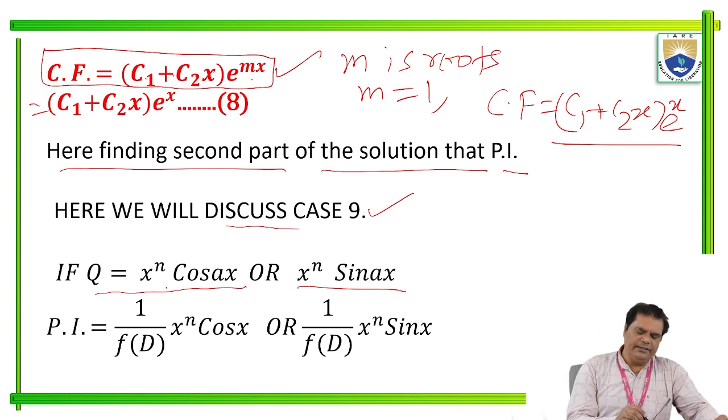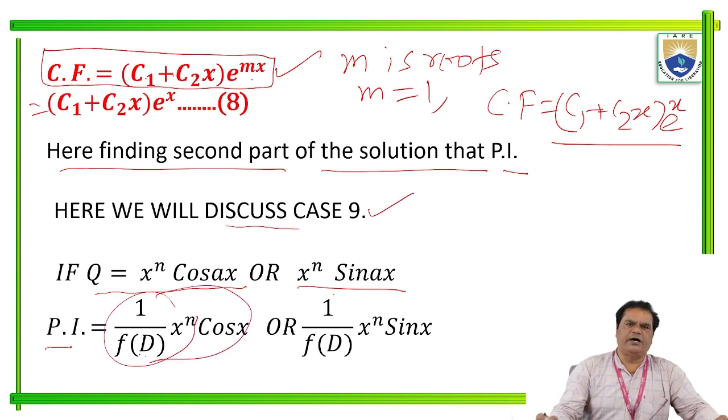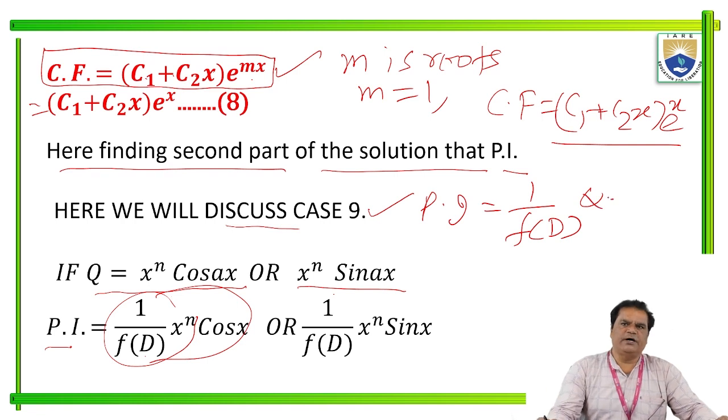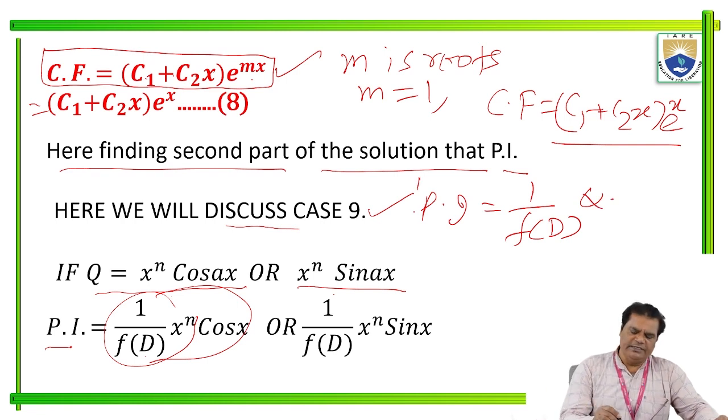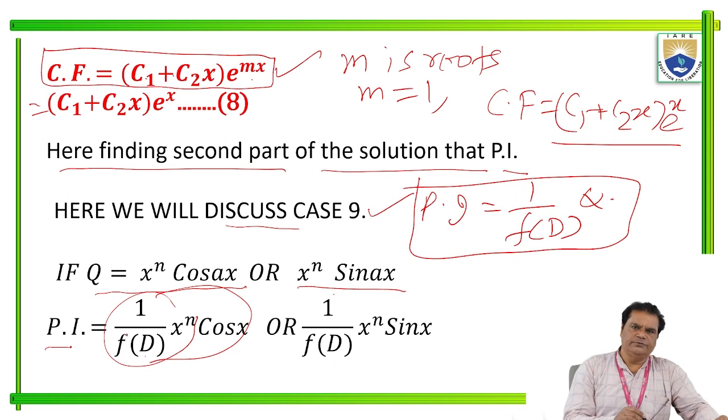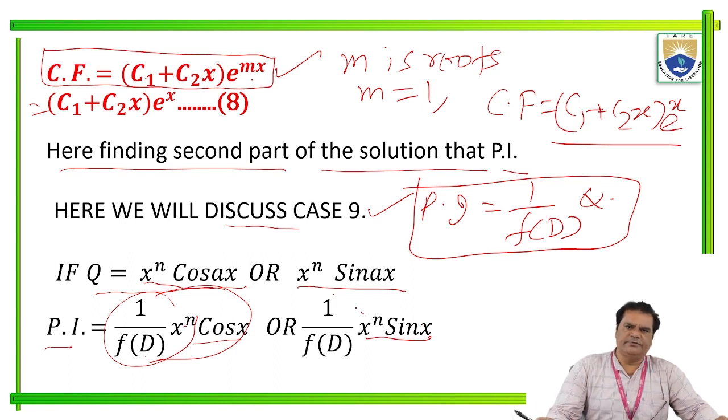Then the particular integral is 1 upon f(D) into Q. This is the basic formula, and we apply it here, where Q is x to the power n cos ax or x to the power n sin ax. This or this may be any problem here.